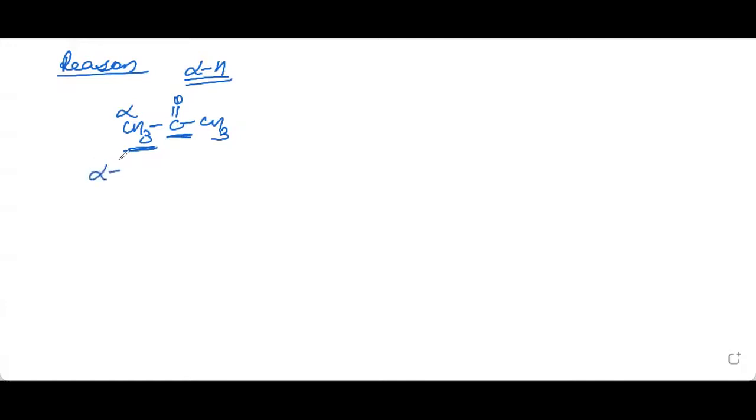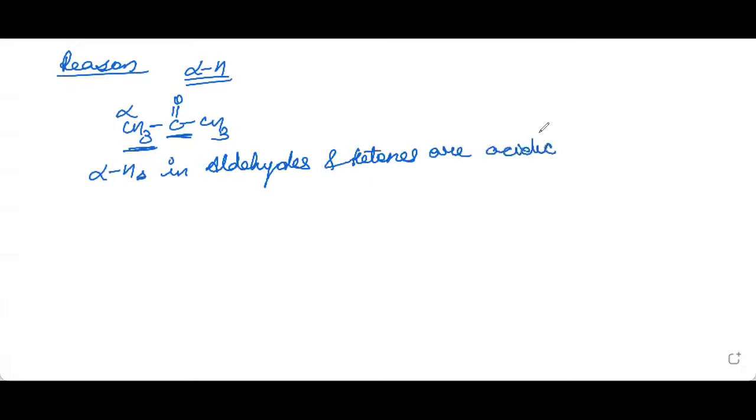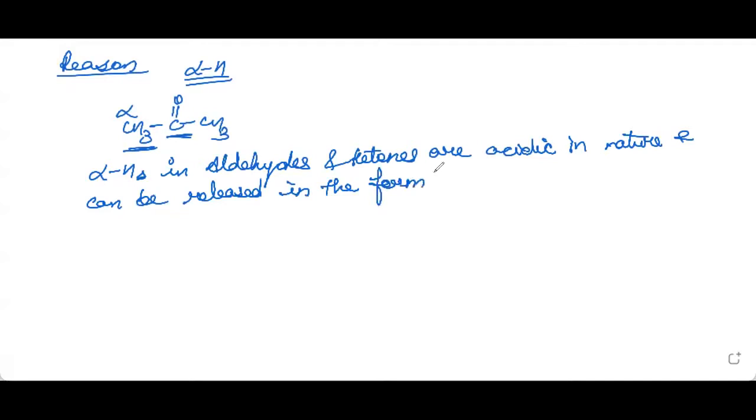Now, alpha hydrogens in aldehydes and ketones are acidic in nature and can be released in the form of H positive.